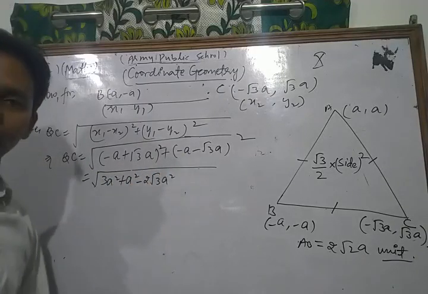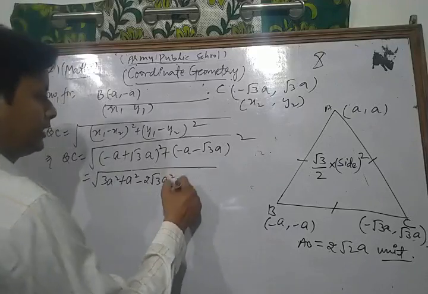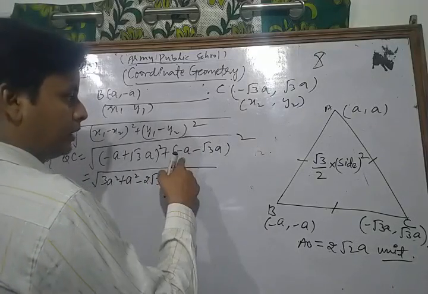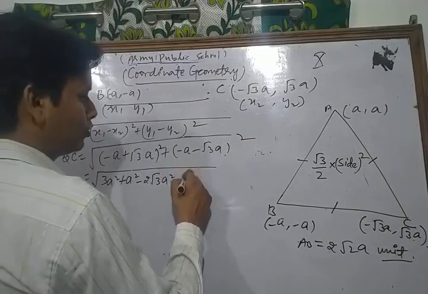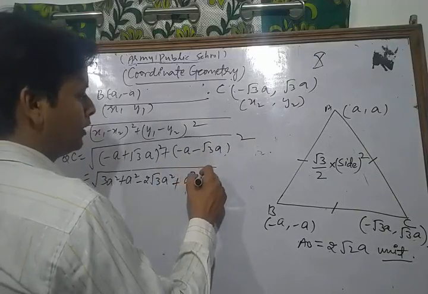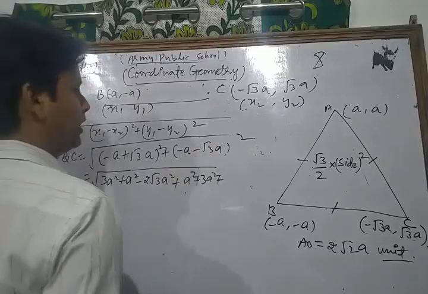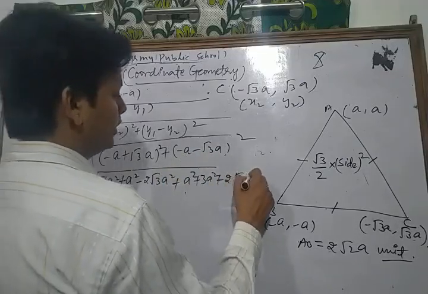This is the value of minus 2ab. Now taking the minus common, minus square is common, so it becomes plus. Now (a + √3a) whole square, we expand them: a square plus b square plus 2ab, which is the form (a + b) whole square, that is 2√3a square.